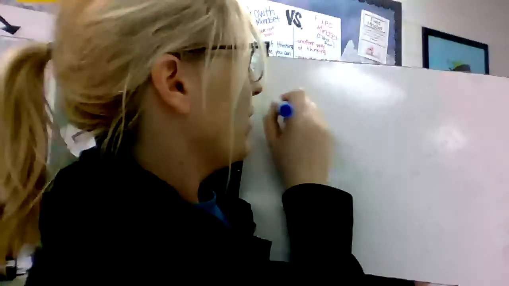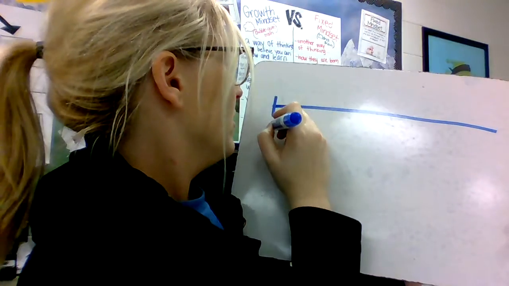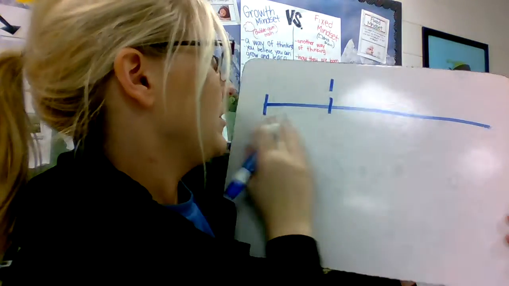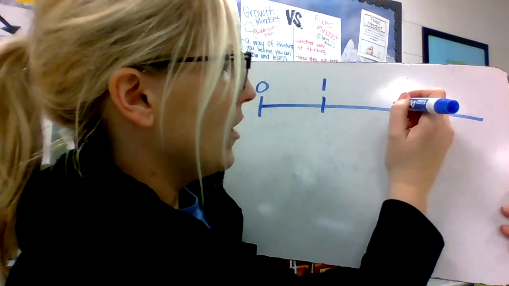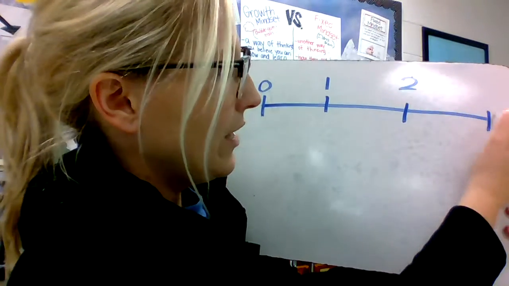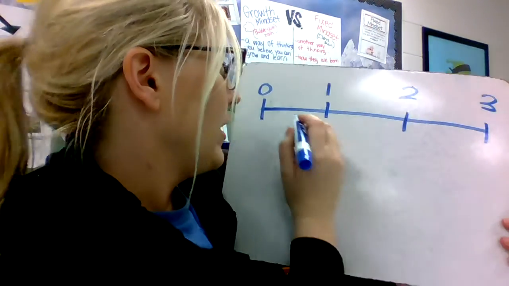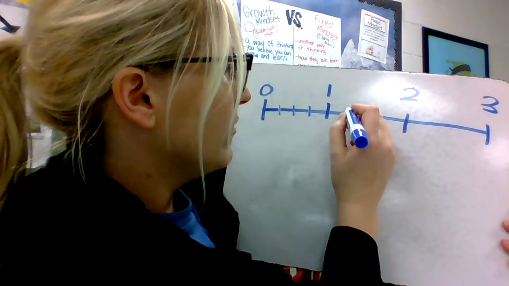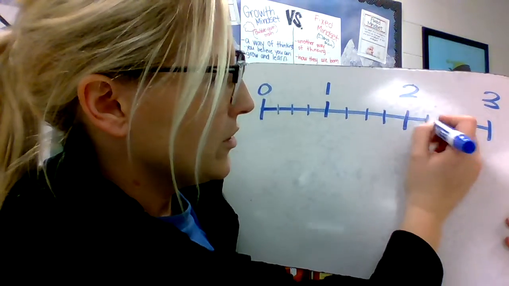All right, so I want you to practice this on your own. We're going to make it 0. I'm going to put the numbers up top. I'm going to get smarter about this. 0, 1, 2, and this time it goes to 3. So I want you to label all of these parts, all of these fractions.